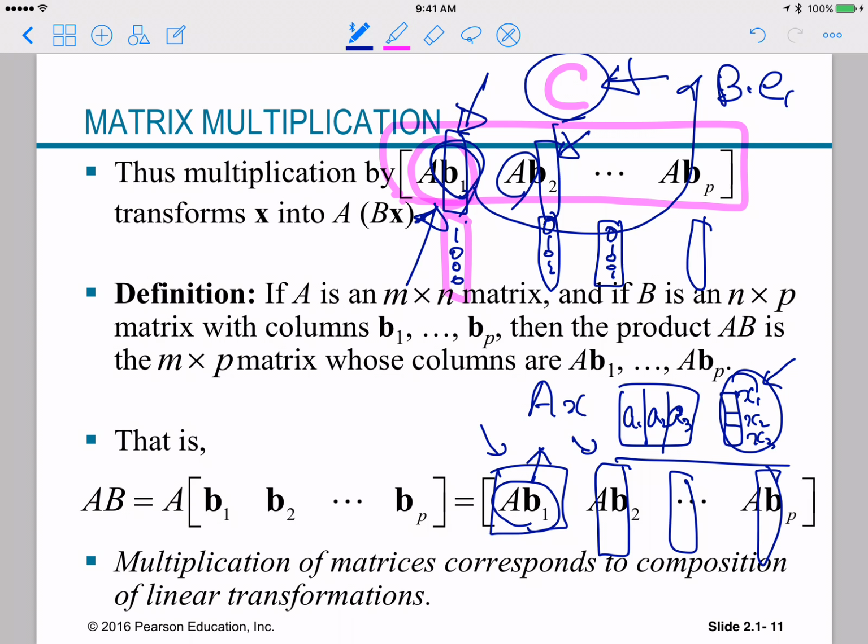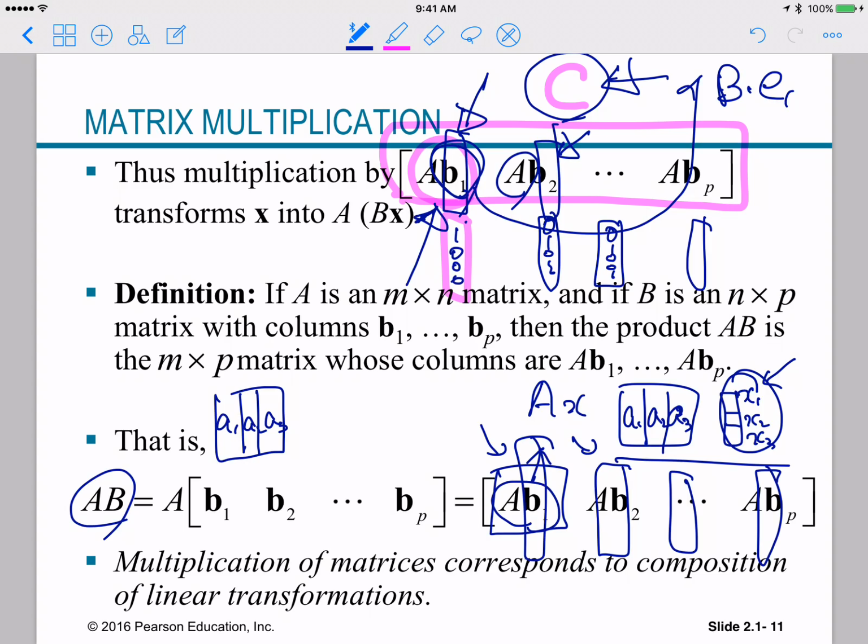Each of these columns in the matrix A times B, I mean, we are talking about the columns of A times B, can be viewed as a linear combination of the columns of A. Suppose A has 3 columns, A1, A2, A3.